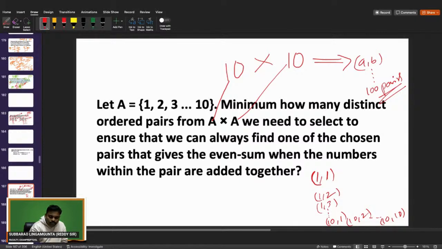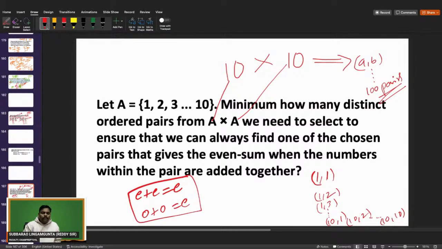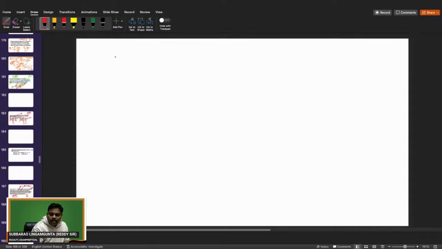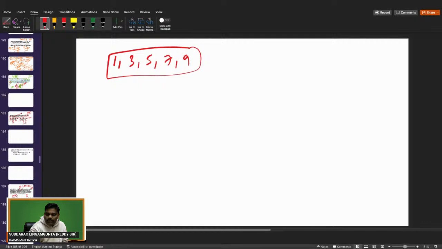Everyone knows, even number plus even number is even, and odd number plus odd number is even. Both should be even or both should be odd. Odd numbers are 1 3 5 7 9, and even numbers are 2 4 6 8 10.